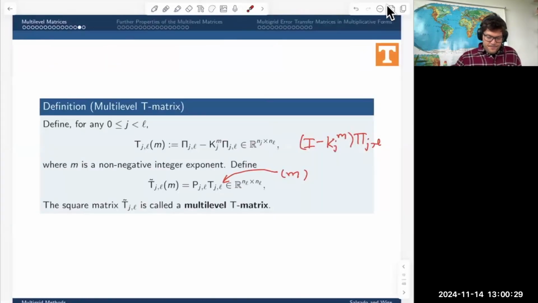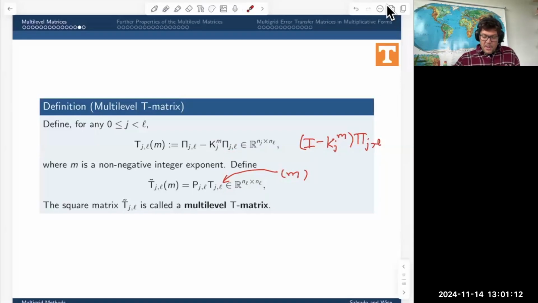So there's this new operator, which we haven't encountered before, that we want to introduce into the definition now. This is the so-called T matrix, the non-square T matrix, TJL. It's defined as pi JL, which is the non-square coarse grid Ritz projection matrix, minus the error transfer matrix for smoothing raised to the m power, where this is smoothing on level j, times that same non-square coarse grid Ritz projection matrix pi JL.